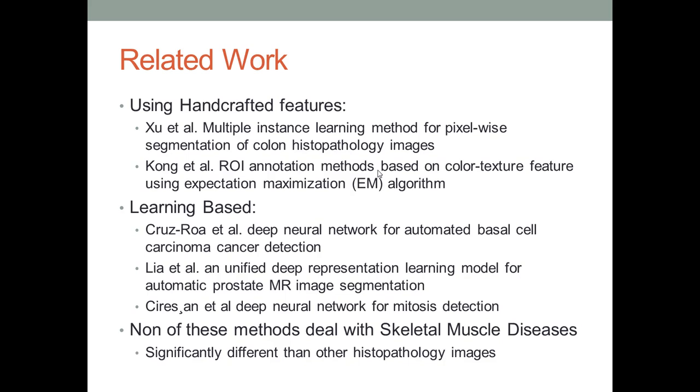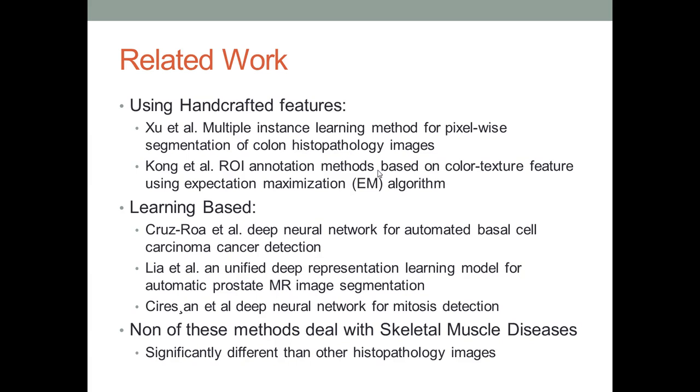Similarly, Li et al. developed a unified deep representation learning model to automate prostate MR image segmentation. Similarly, recently, Sirinukunwattana et al. developed a deep neural network for the detection of mitosis, which is pretty challenging work.